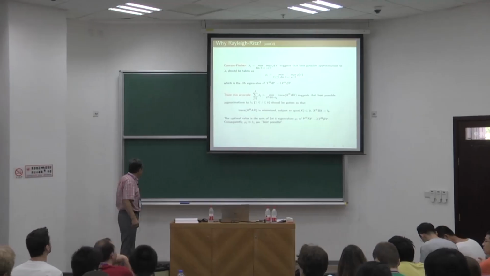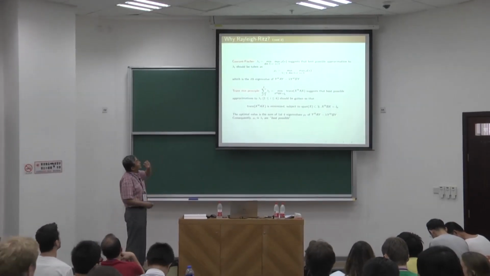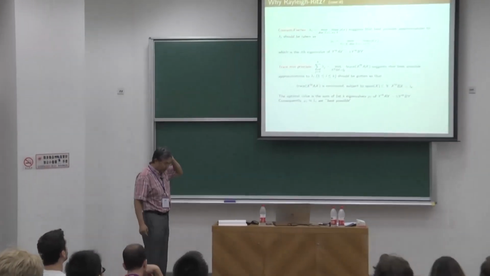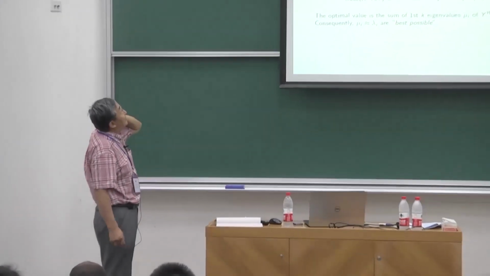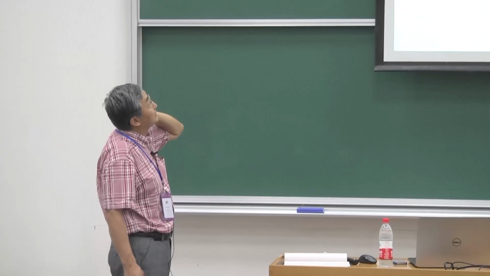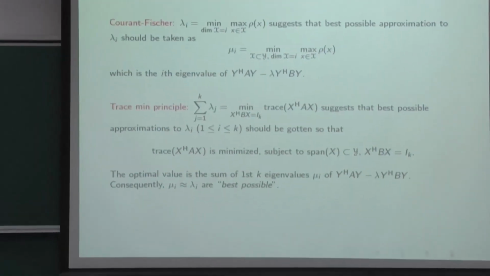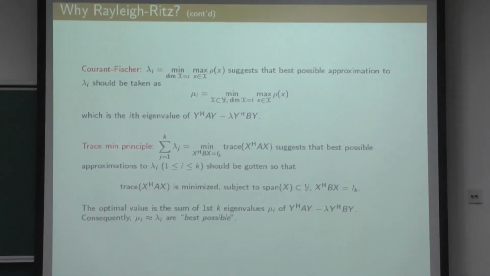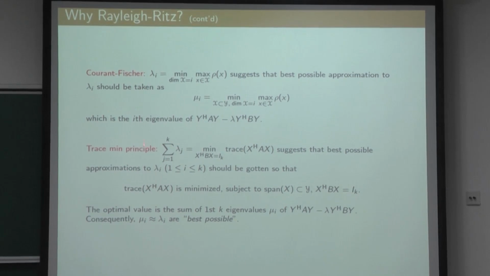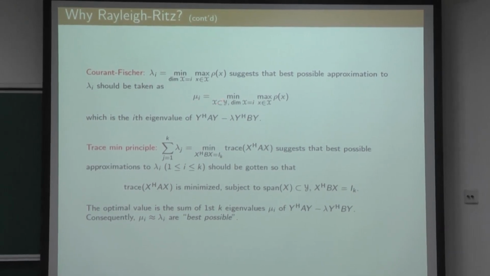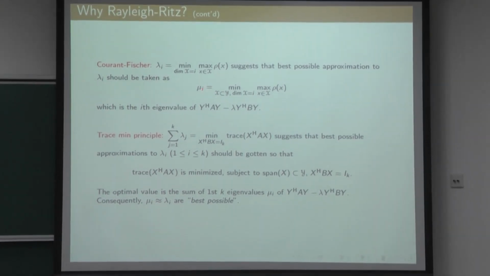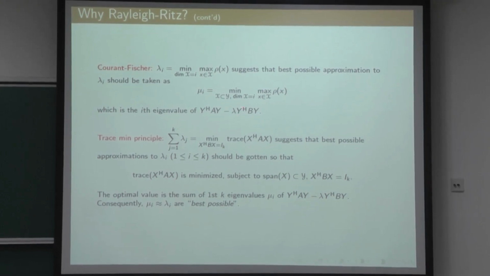Okay, I may have gone a little fast for this one. Let me explain a little more about why Rayleigh-Ritz. There are two ideas to justify it. By Courant-Fischer, we naturally replace lambda i by mu i defined this way, and then we claim mu i is the eigenvalue of this matrix pencil.